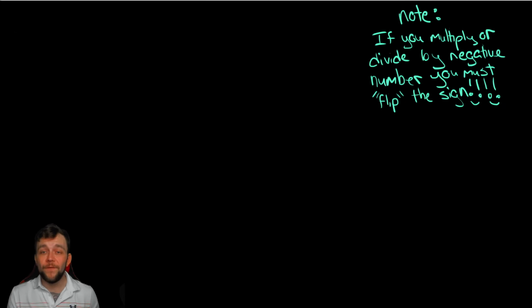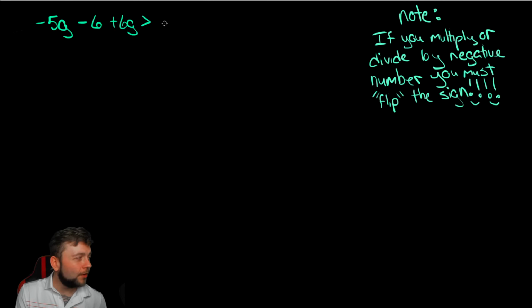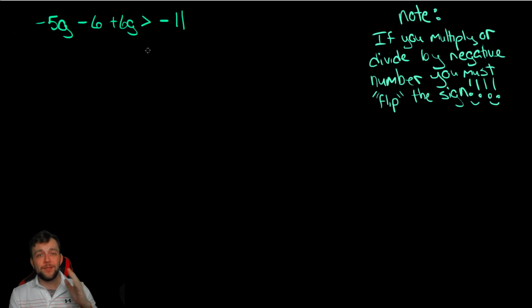So our first example of the algebraically intense set, I'm going to write this as far up and in the corner as possible: negative 5g minus 6 plus 6g is greater than negative 11. Okay, and we will graph this too at the end.